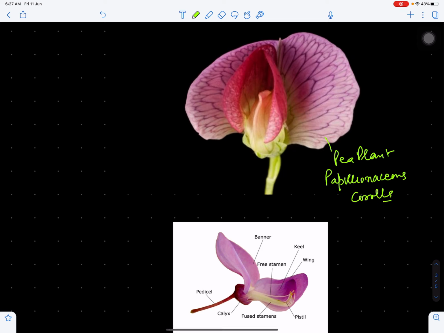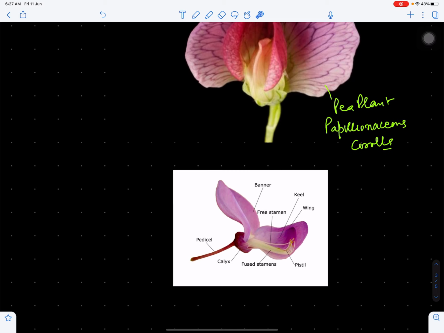The big petal is present toward the outer side, and these are two lateral petals, and here two petals fuse to form a boat-like structure called the keel or carina. If we open the flower, we can see the keel, then the wings. This is the Papillonaceous corolla.